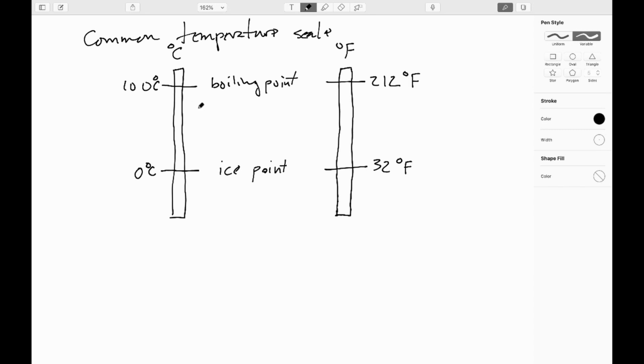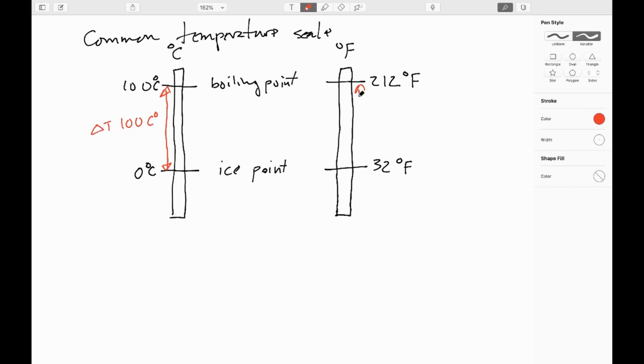On the other hand, if we take a temperature difference, so for instance here, the difference in temperature between these two will be 100 C degrees.